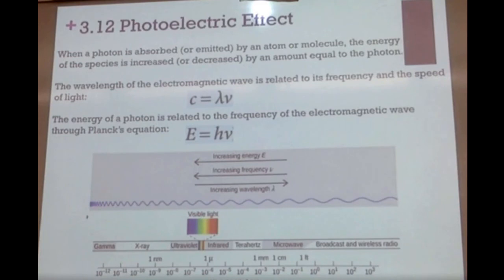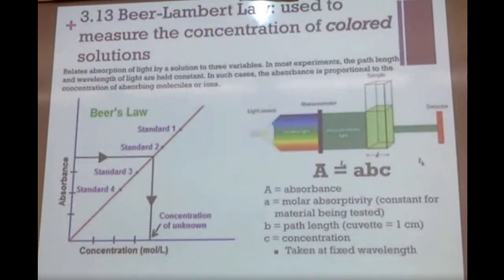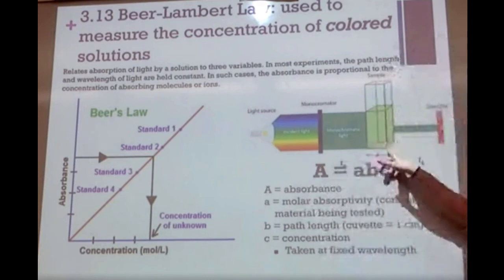And then the last topic in unit topic 13 is the Beer-Lambert law. This is Beer's law. This is a lab. We did this virtual lab around Christmas. But this was a simulation where everybody had a different solution.